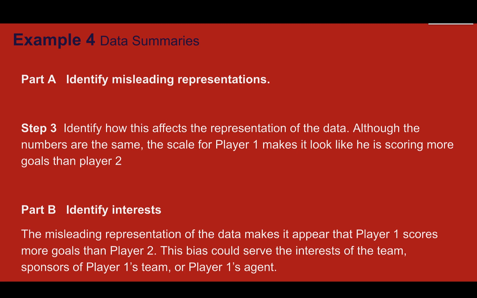Oh, player 1 might get more sponsorships. Player 1 might get more money. Player 1 might get a better contract, so their agent might get more money. Whereas player 2 looks like they scored less, even though they didn't, and might miss out on some things. So hopefully the people in charge are paying attention to the scales on the axes.